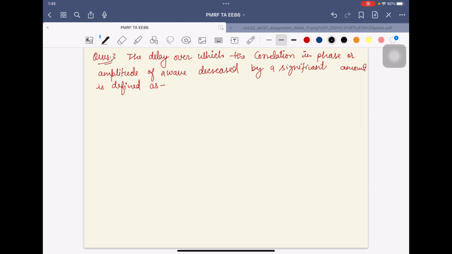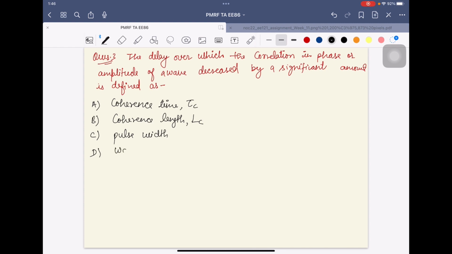Your options are: A, coherence time, tau c; B, coherence length, L c; C, pulse width; D, wavelength of the light; and E, coherence area.